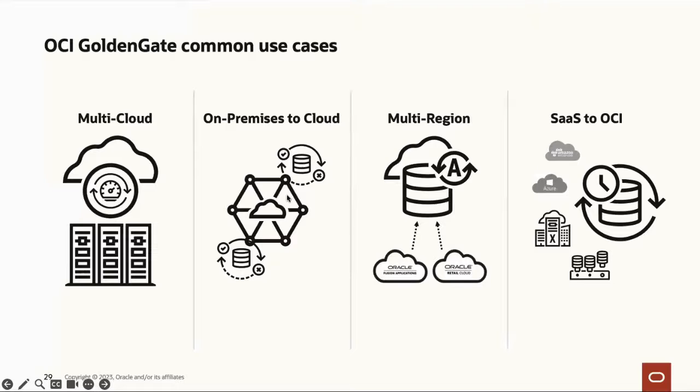For multi-region, let's say you have data in multiple clouds across two regions, then you'll be able to take data and push it from one region to another. And then the last is, if you're using SaaS applications, you'll be able to take your data from SaaS applications on a number of cloud providers, not just OCI SaaS, and get them over to OCI.